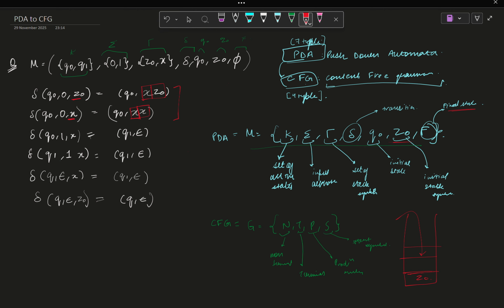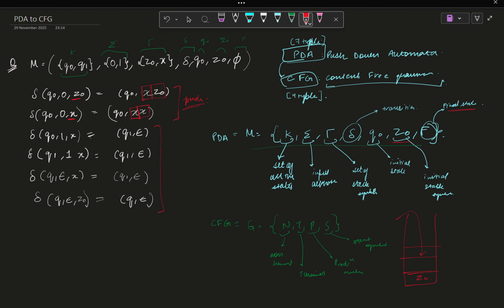When we are adding something on top of the stack, we call it a push function. So we can infer that these two transition functions correspond to a push function.